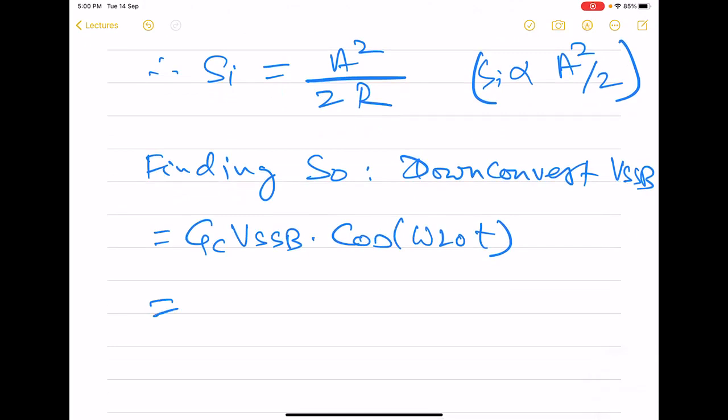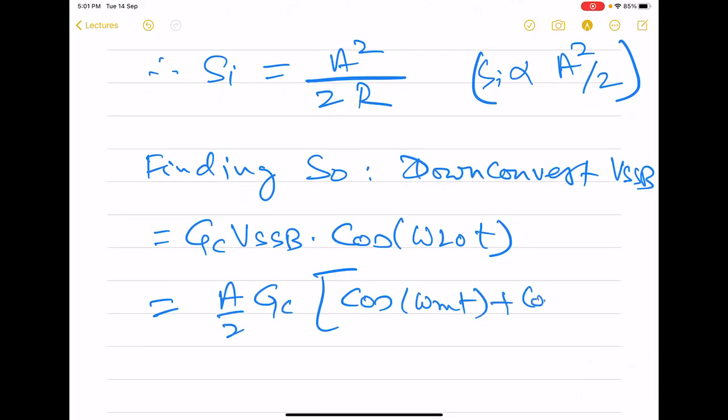So what we will get here is A by 2 GC cos omega m t plus cos (2 omega LO plus omega m) t.